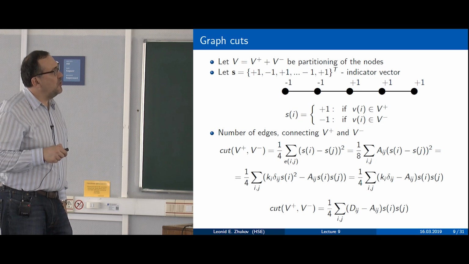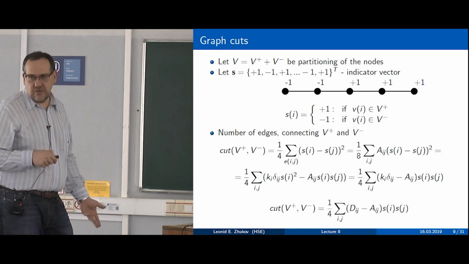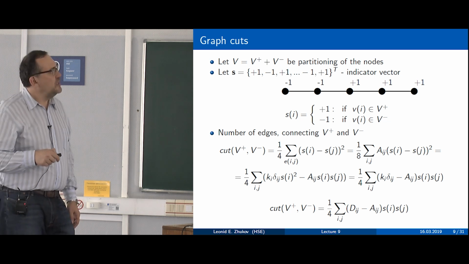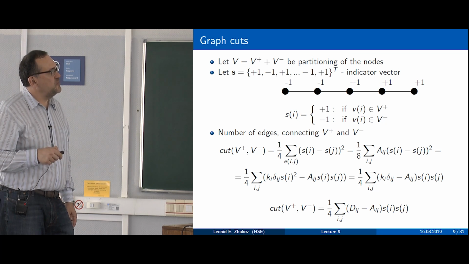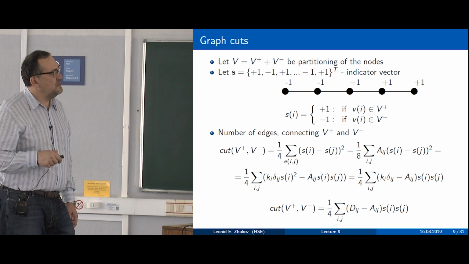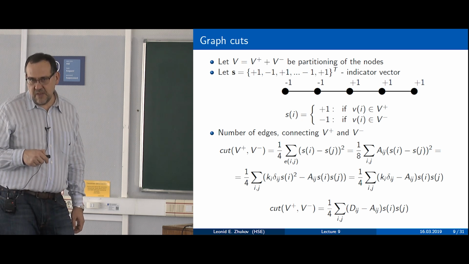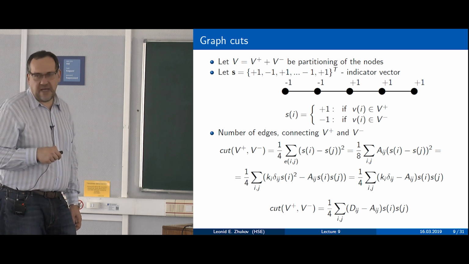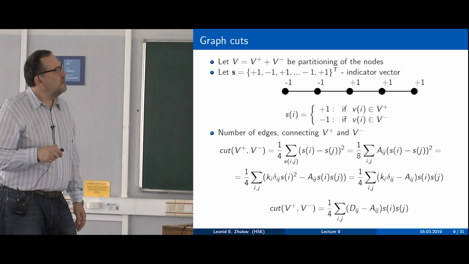If both of the labels at the ends of one edge are -1 and -1, that becomes -1 minus -1, it is 0, right? If both of the nodes have the same label, +1 and +1, this difference is 0. So it's not counted within the cut, which makes sense. We need only to count this one within the cut.